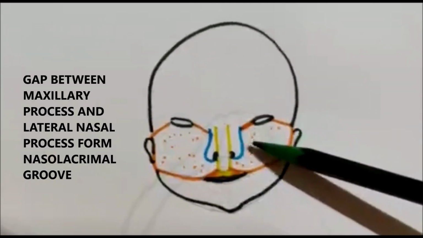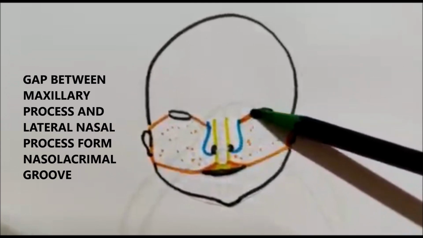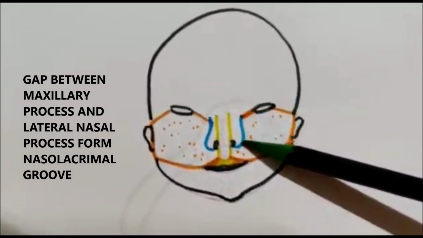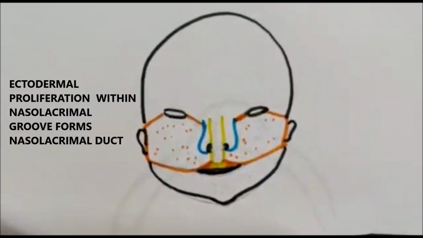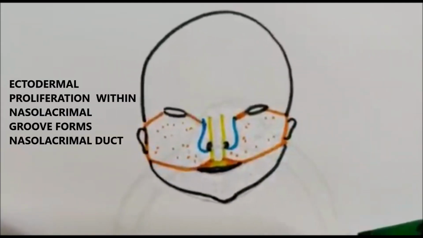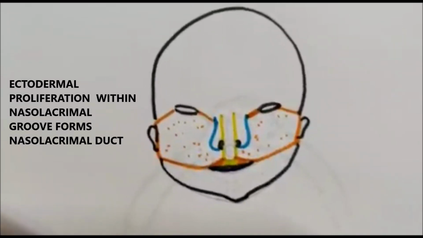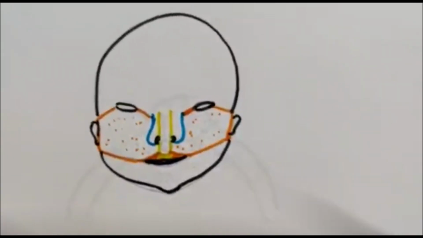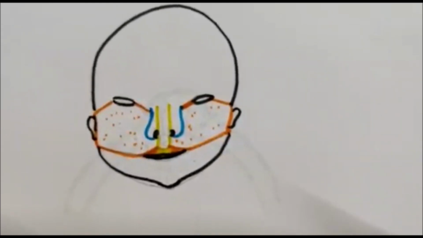Before it is fused, in between there is a groove which runs from the medial side of the eye to the nose, and that forms the nasolacrimal groove. Within the nasolacrimal groove, due to the ectodermal proliferation, the nasolacrimal duct is ultimately formed. So the development of the face is almost completed by the 10th week of intrauterine life.